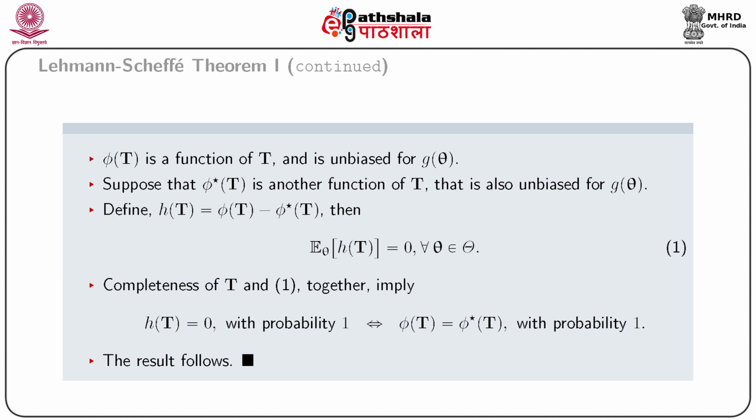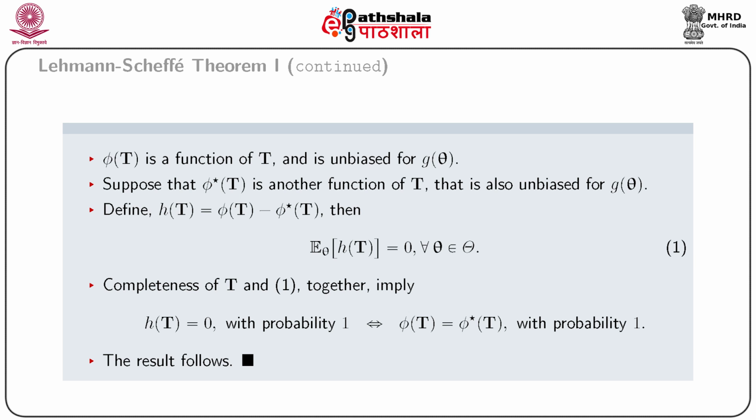We already know that φ(T) is a function of the sufficient statistic T, and it is an unbiased estimator of g(θ). Suppose that there is another unbiased estimator, say φ*(T) of g(θ), where φ*(T) is also a function of T.